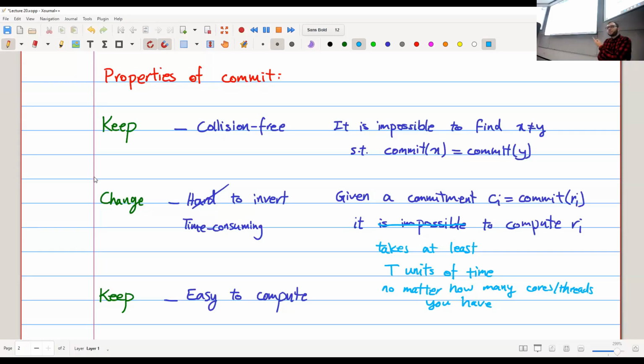It cannot be one-to-one for the same reason that we said no hash function can be one-to-one, because you're mapping strings of any length to a fixed length, right? So this is not one-to-one, which means that there are two values, x and y, that have the same commitment. It's just that we assumed it's impossible to find them.